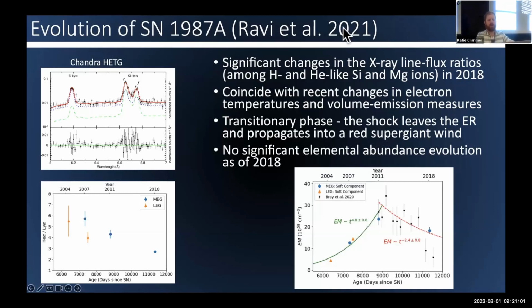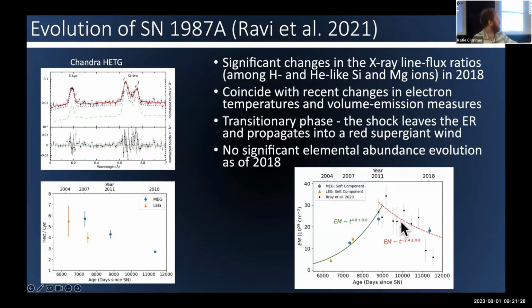He measured the ratios of the hydrogen and helium-like silicon and magnesium ions, and found that they are changing significantly with this relatively new data in 2018. So this coincides with the changes in the electron temperatures, and also this emission measure here, also around the same time, is starting to decrease.